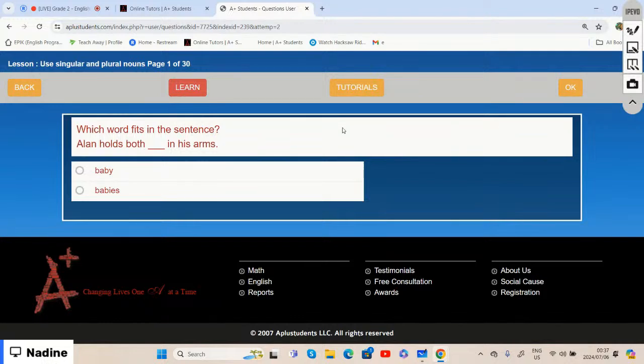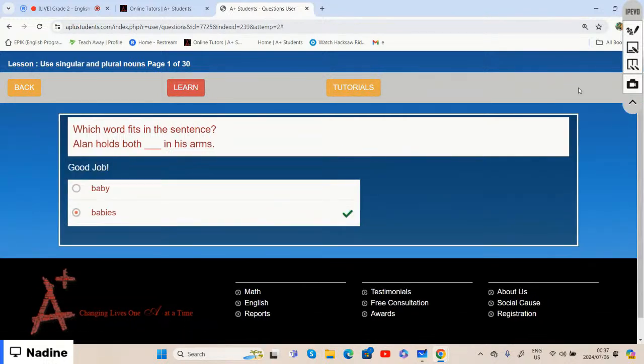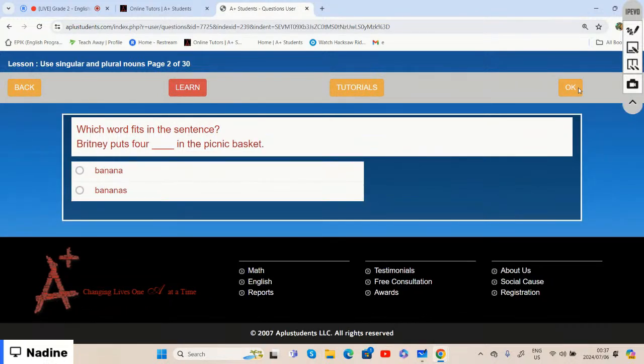All right, so we can say Alan holds both babies. Right, so babies is correct, because it refers to more than one baby.